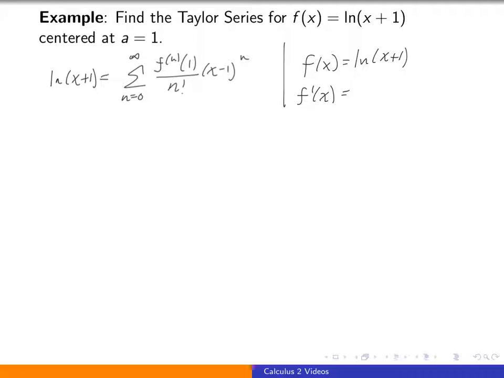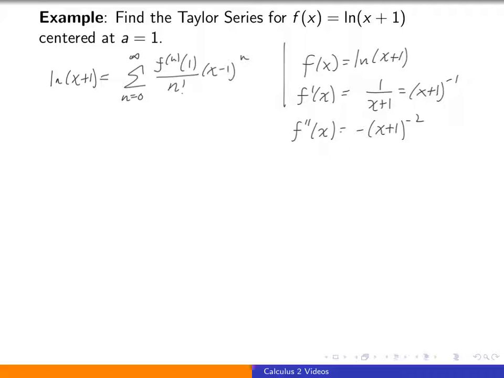f prime of x will be 1 over x plus 1. And we can think of this as being x plus 1 to the minus 1 power, which is a bit more convenient, we'll see. The second derivative, using the chain rule, is minus (x plus 1) to the minus 2. Typically, we would multiply by the derivative of the inside function.